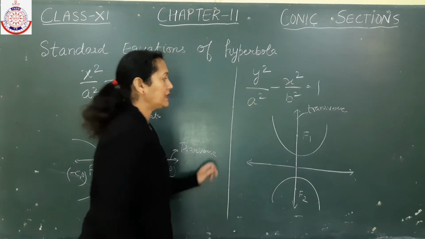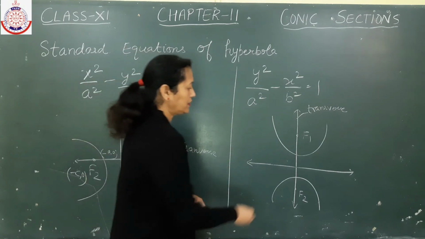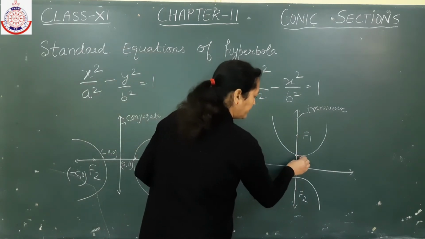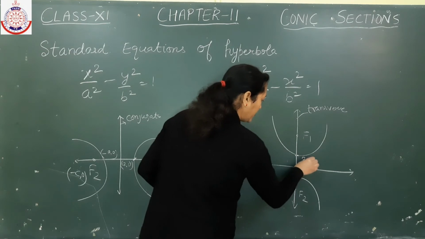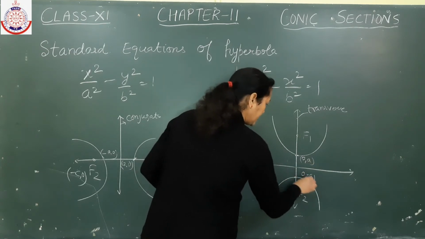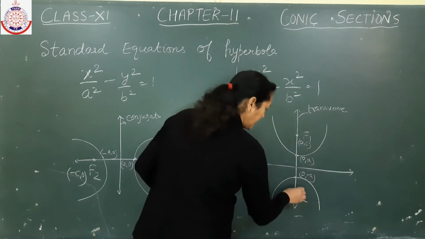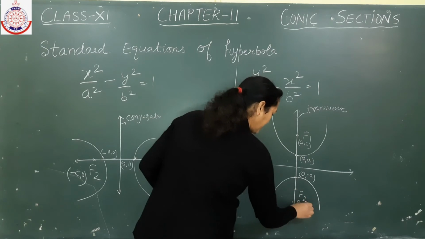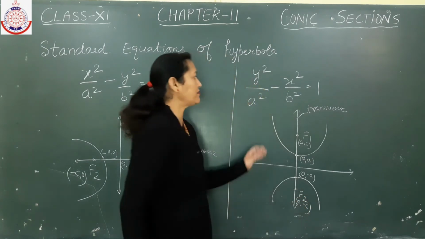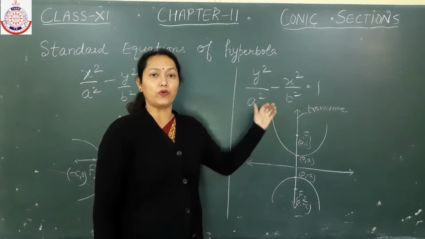As you know, the length of transverse axis is obtained by a. Here points will be 0, a and 0, minus a, focus points will be 0, c and 0, minus c, and equation will be y square upon a square minus x square upon b square is equal to 1.